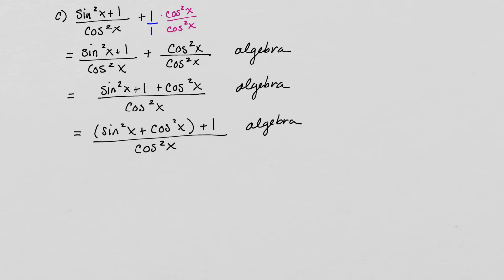Yes, good question. Cosine squared x, you could think of it two ways. You could think of it as the whole entire cosine x, squared, which means cosine x times cosine x. The reason we write it this way, rather than that way, is that if I write it that way, I have to put parentheses. I like to say sometimes that mathematicians are lazy people.